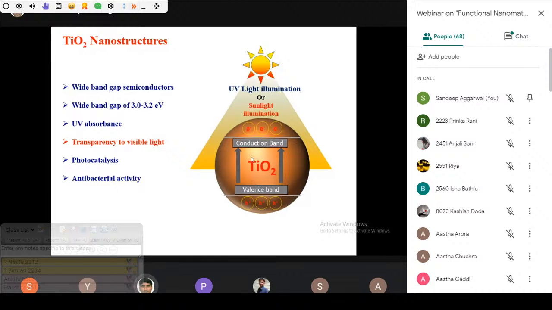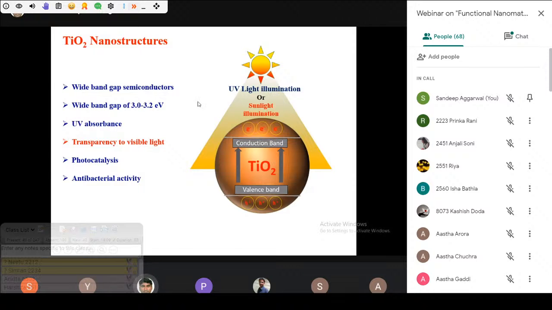If you excite it with a wavelength between 200 and 300, depending on the band gap, because there is a range of 3 to 3.2, the electrons will be excited. This must be known in semiconductors. But this is transparent for visible light, because for visible light the wavelength is from 400 to 800 nanometer. So for UV light, this material is very useful.